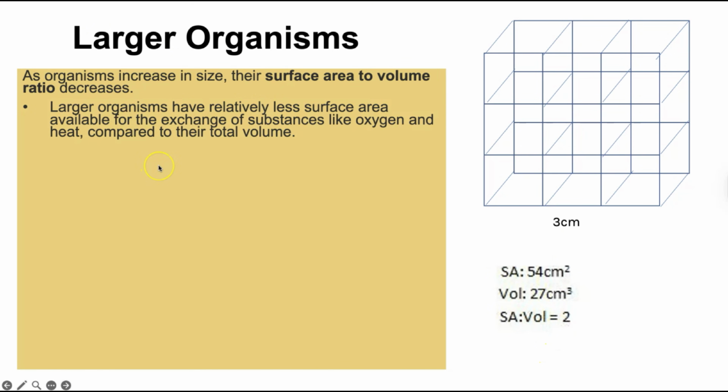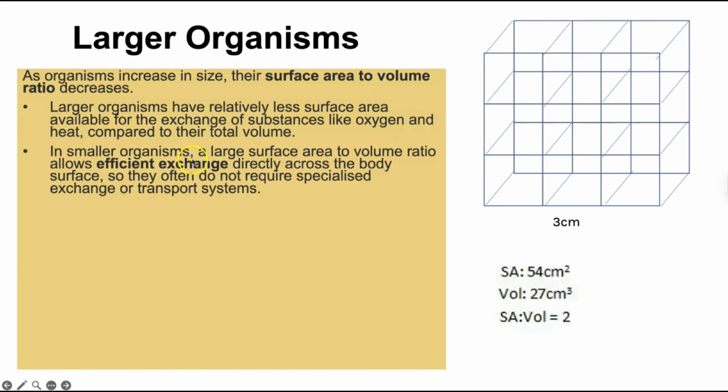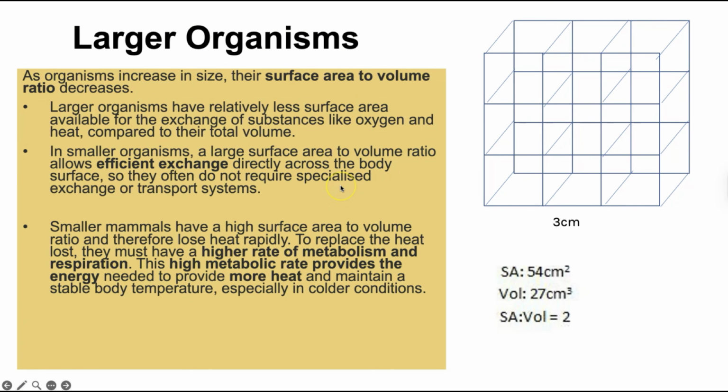That means larger organisms have a relatively small surface area compared to their volume. So they don't have a very big surface area available for exchange of substances like oxygen or heat compared to their volume. Whereas in the smaller organisms, as we said, they have a large surface area to volume ratio, and that enables efficient exchange directly across their body, so they don't have to have any specialized exchange or transport systems.